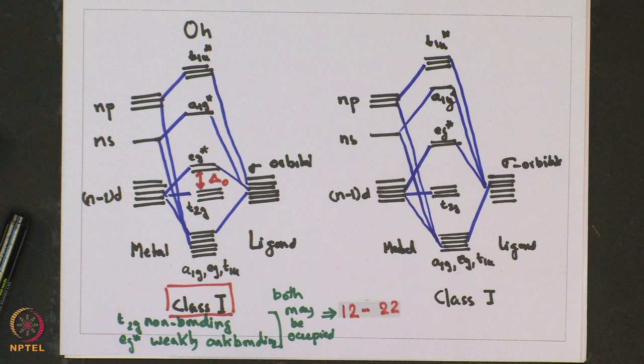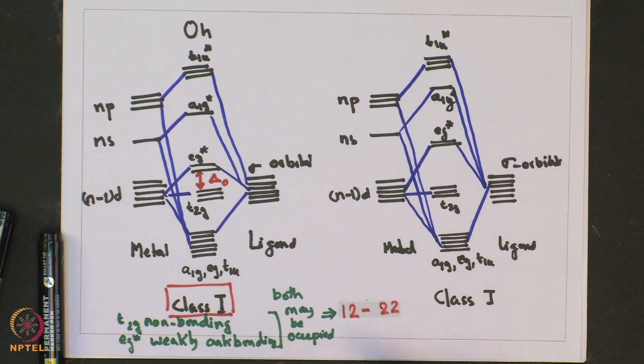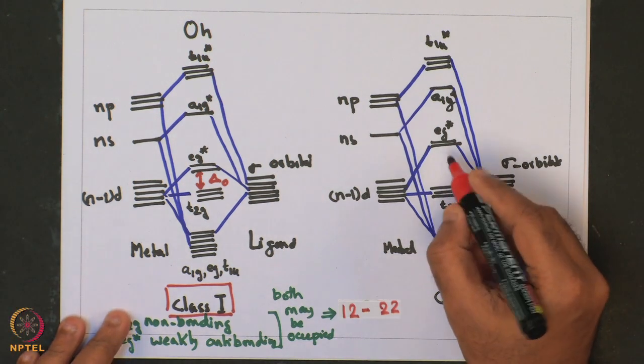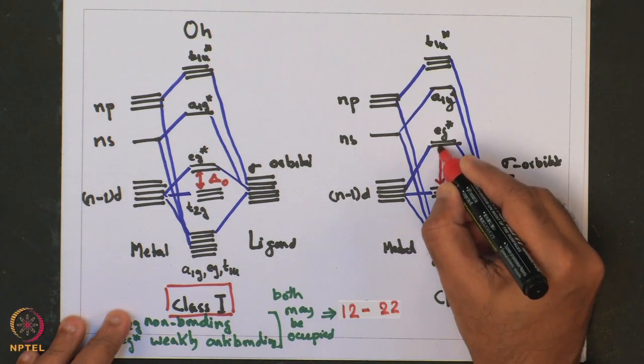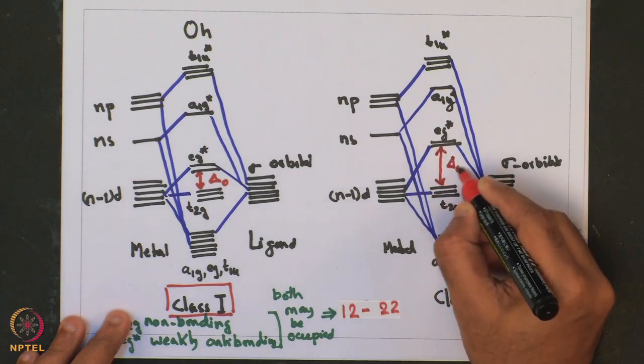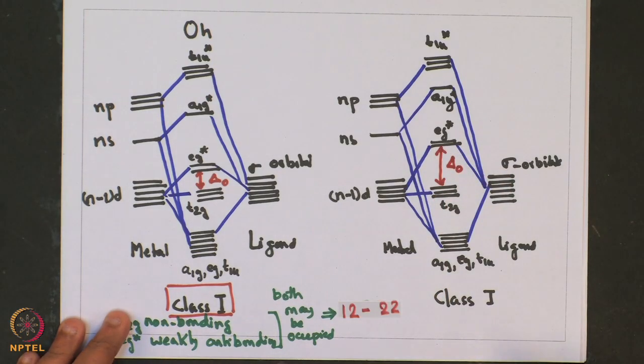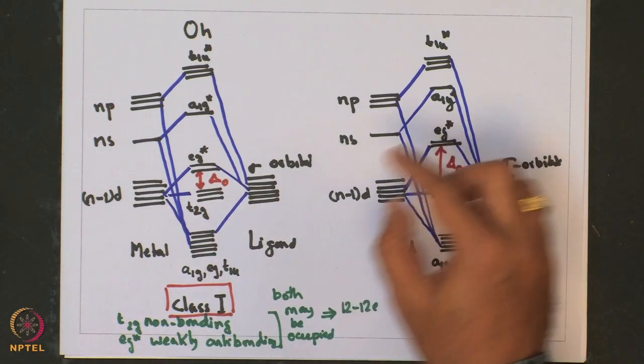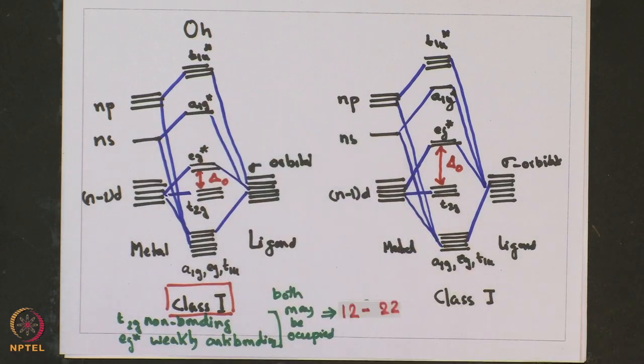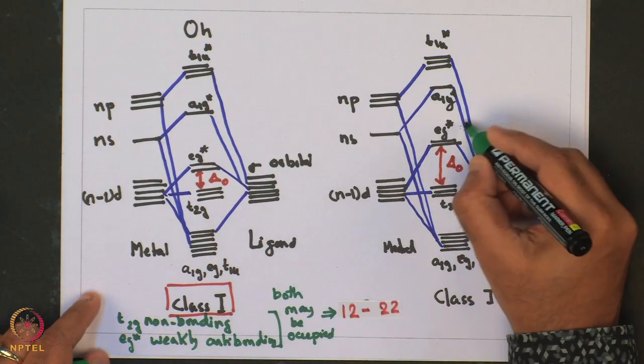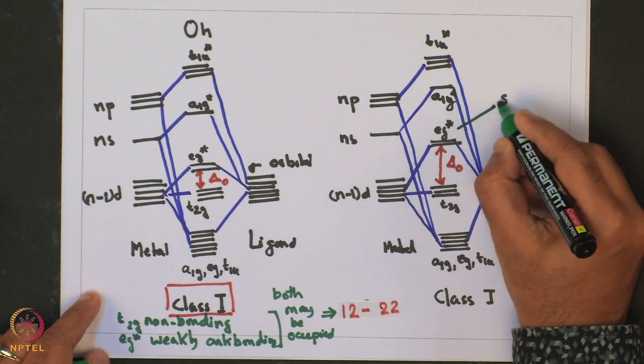Similar to what has been encountered in class 1, what we have over here is a similar diagram with a subtle difference. The subtle difference is that this delta 0 is much higher in energy than the delta 0 over here, which makes this Eg star strongly antibonding.